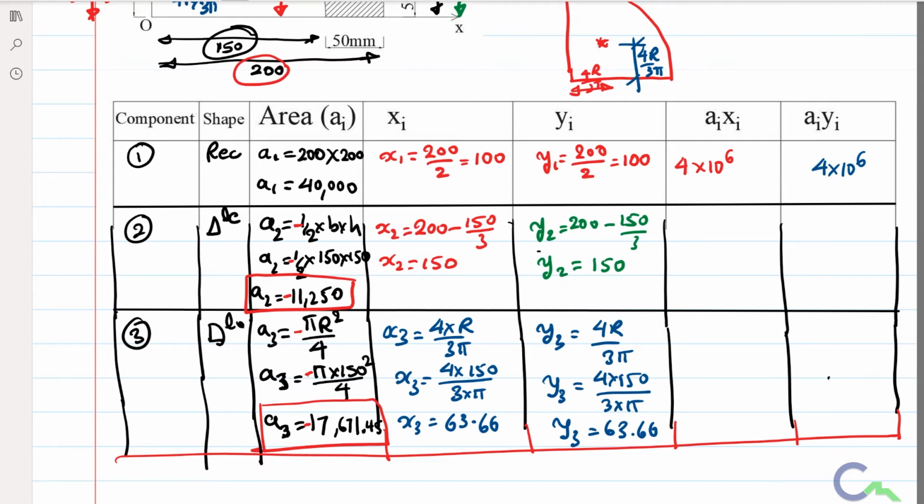Then we have next value, that is A2 into X2. We have to take negative area, that is very important. 11,250 into 150, we will get minus 16,87,500. Then again A2 into Y2 also we will get the same value.